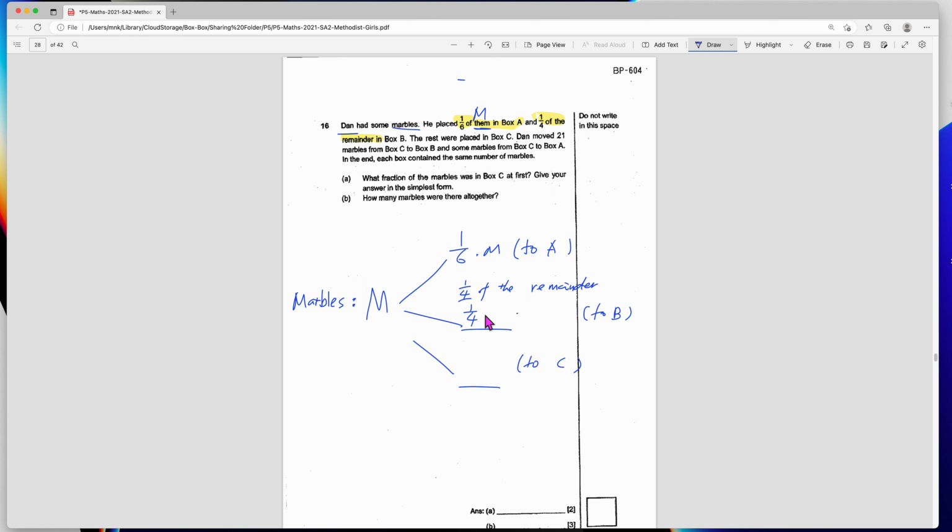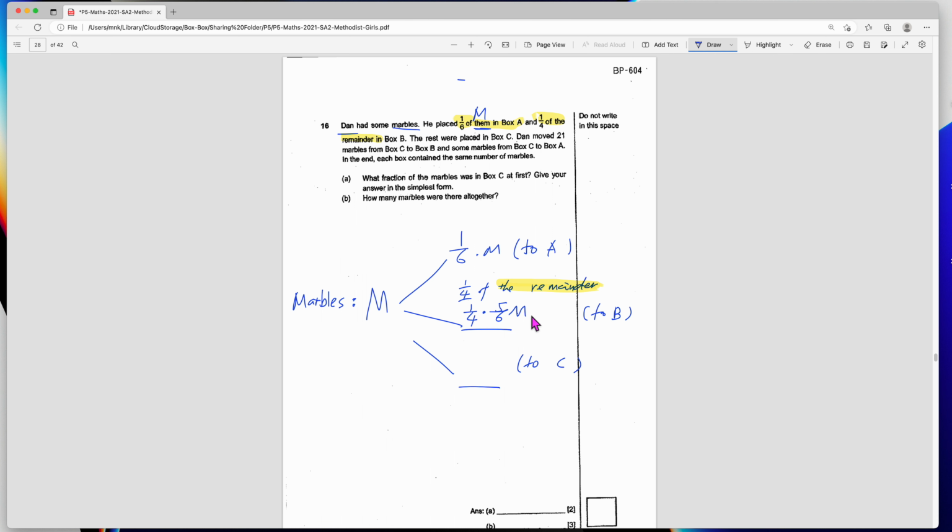Of means times. Then what's the meaning of remainder now? What's left. So what's left now, after giving 1/6 of M to A? So that's why the remainder here means 5/6 M.